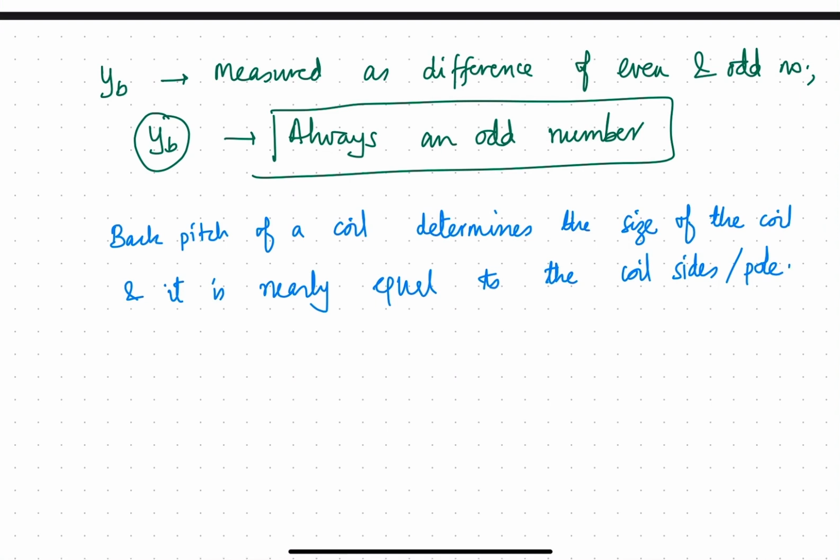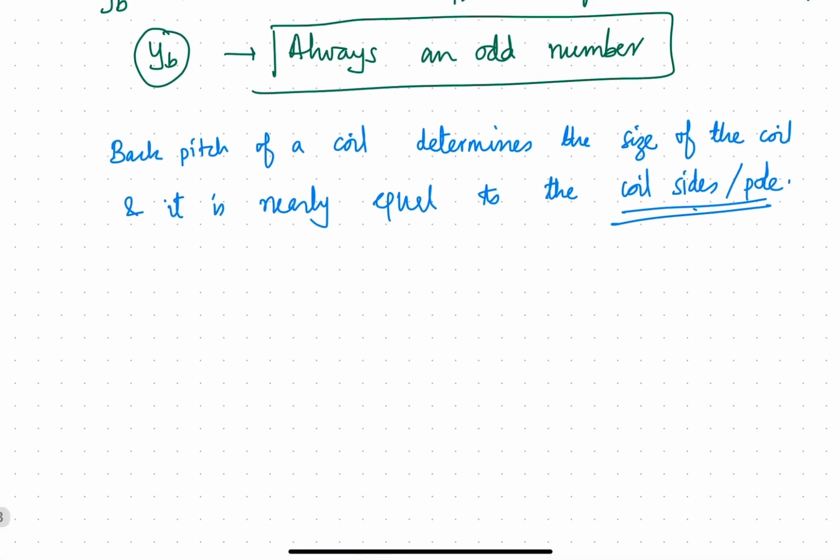So the back pitch helps in determining the size of the coil and is nearly equal to the coil sides per pole of the winding. Okay, so this is about the back pitch.